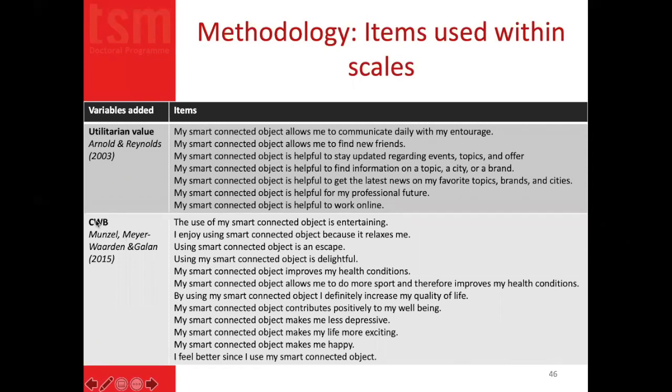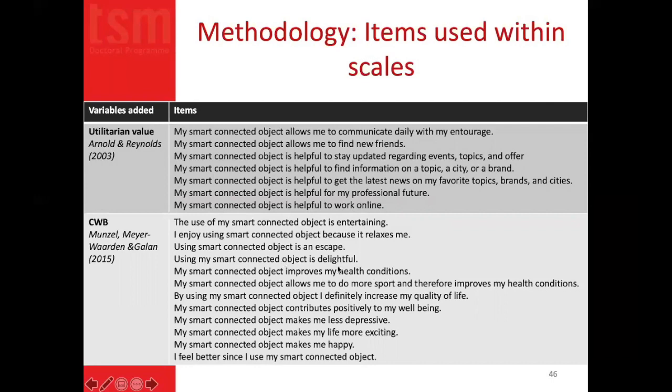Consumer well-being, we took the scale that I used with my co-authors Andreas Munzel and Jean-Philippe Gallon. It's published in Technological Forecasting and Social Change. So you see the conceptualization of well-being is quite easy. We integrate the experiential hedonistic aspect: it's entertaining, it's relaxing, it's an escape, it's delightful, so you have more the aspects of joy.